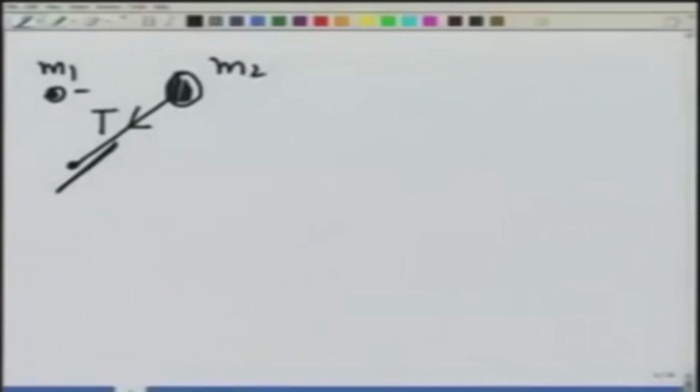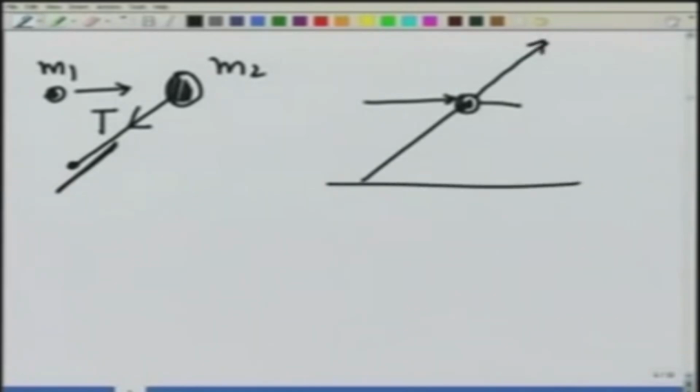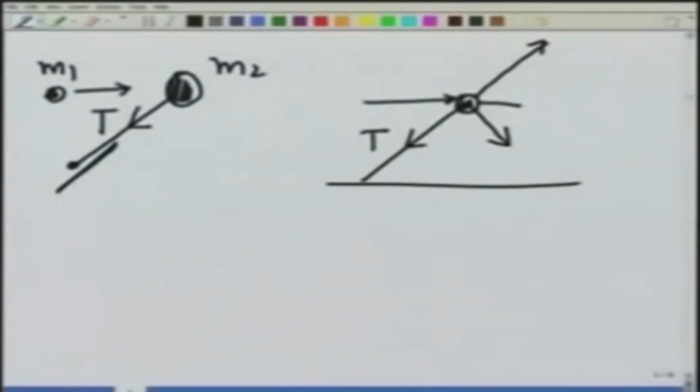So, when this particle comes in with momentum p, it strikes mass m2. The component of momentum in this direction will go to 0, because this T would be sufficient to make it 0. It is a rigid rod after all. The only component of momentum that will survive will be this. If I call this angle theta, then this angle is also theta.